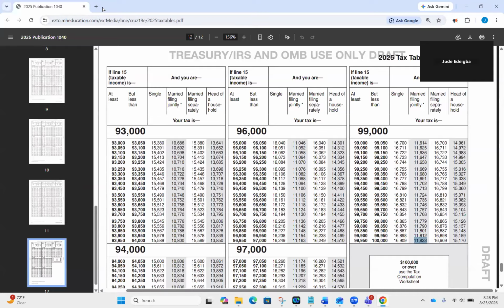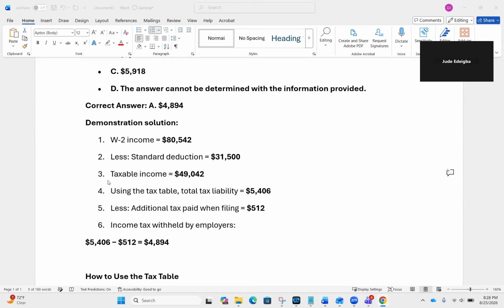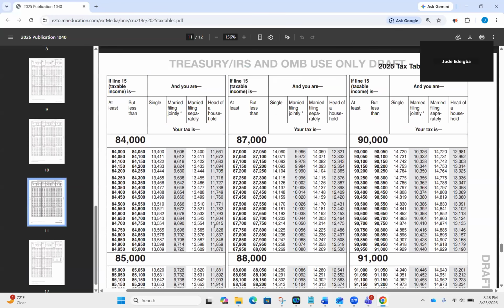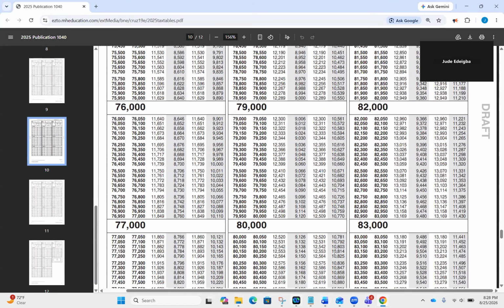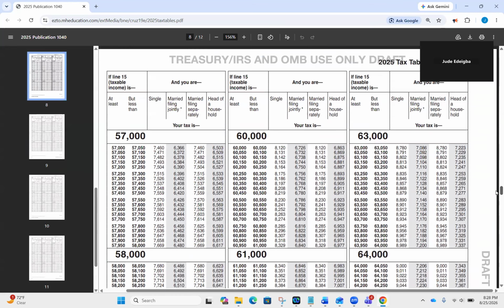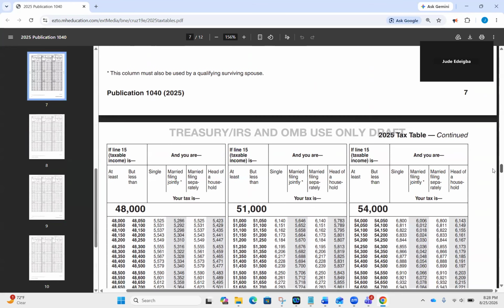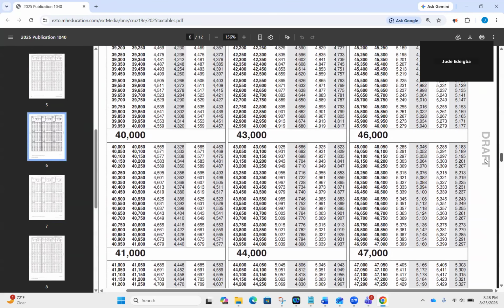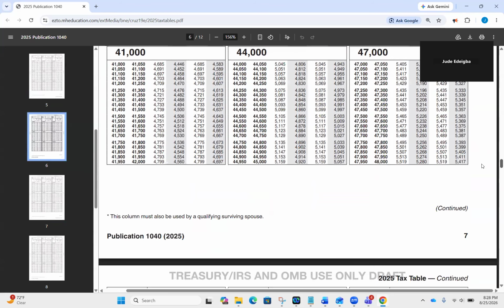The taxable amount is $49,042, which is number 3 here. And then when we look at the tax table, you have to look at this section where you have 49,000, so we go all the way up to 49,042.